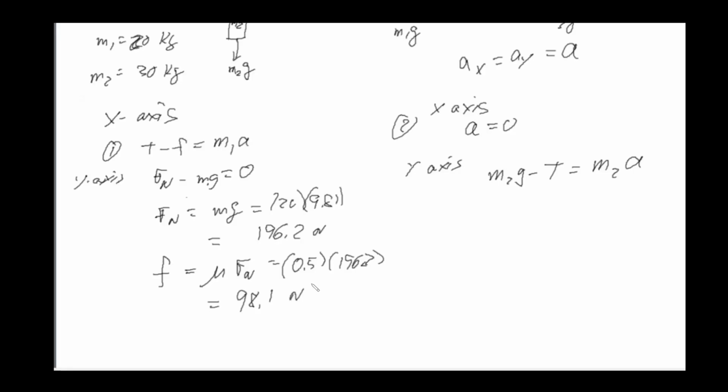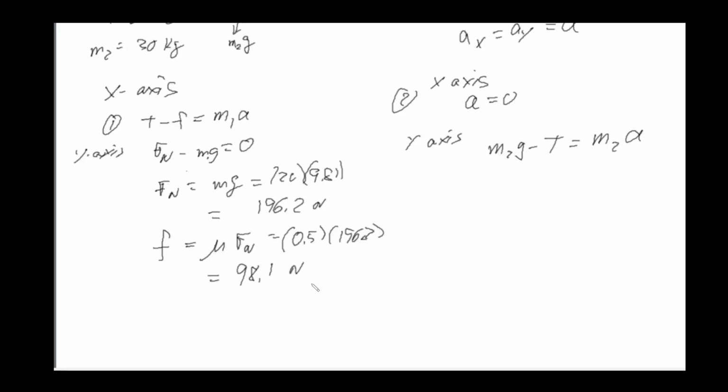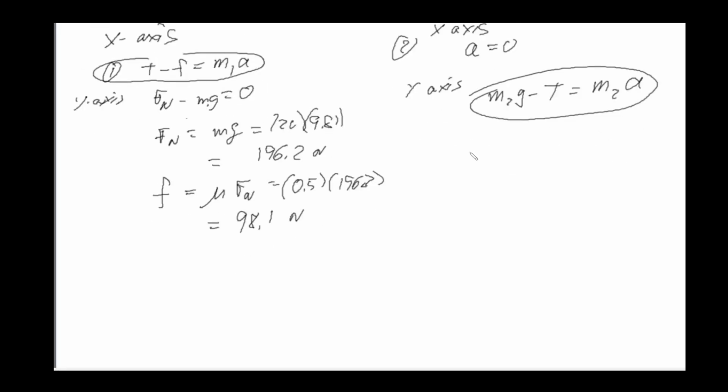Now the other thing you can do when you're looking for acceleration is take the two equations you found for the x and y axis, and you can add them and then get rid of T, so you can solve for a. So the two equations we have now are T minus f equals m1 times a, and m2g minus T equals m2a.